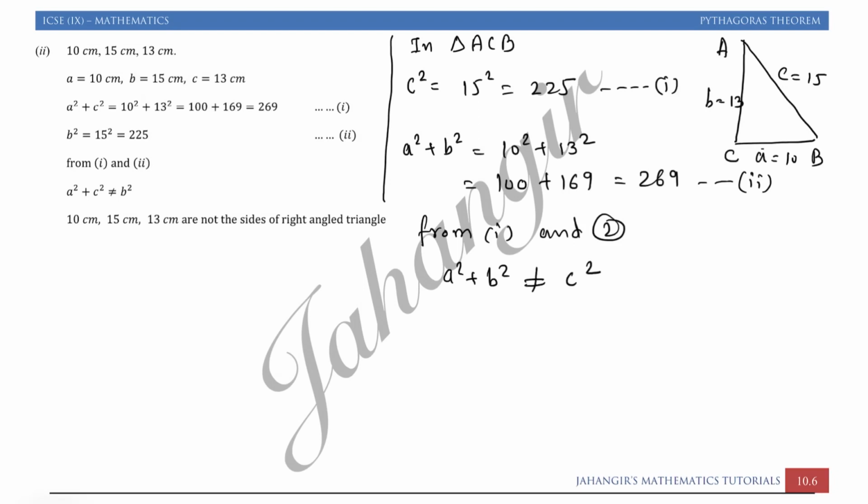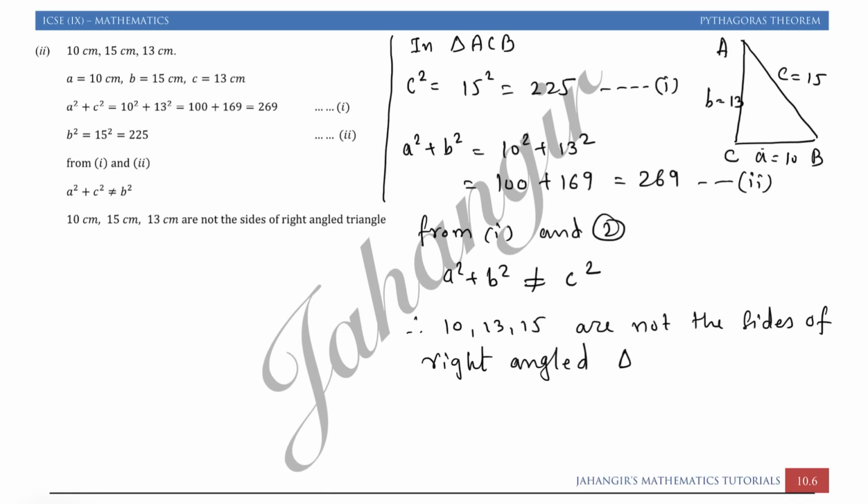Their digits are different with different alphabet. So therefore I can say 10, 13 and 15 are not the sides of a right angled triangle.